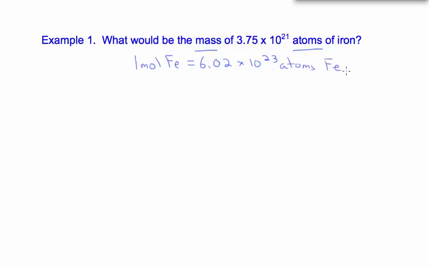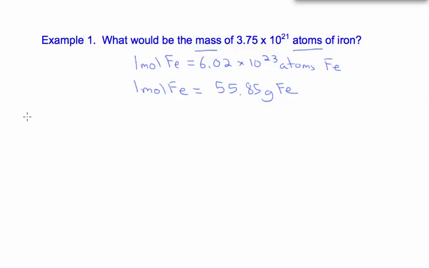We also know that if we want to get to mass, we're going to have to use molar mass. 1 mole of iron, and we can look at our periodic table, equals 55.85 grams of iron. That's our 1 mole equals molar mass. So now we're just doing dimensional analysis in two steps.